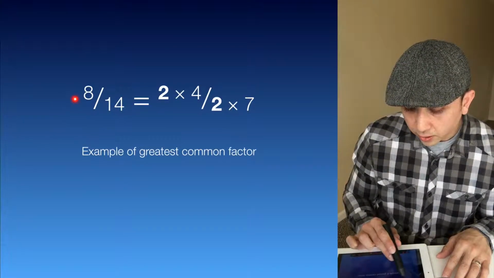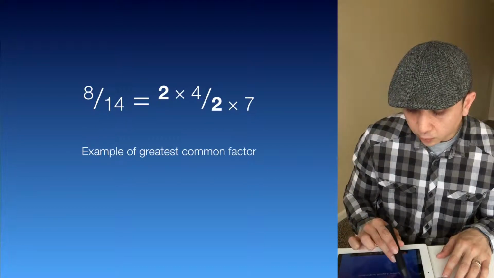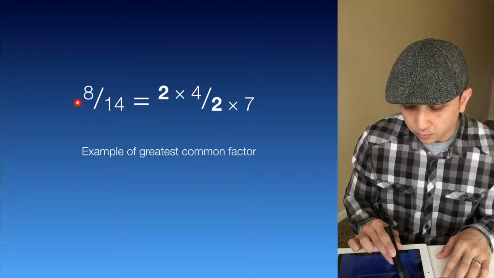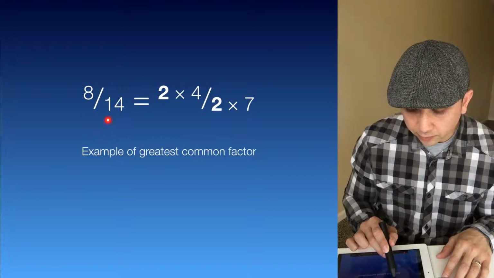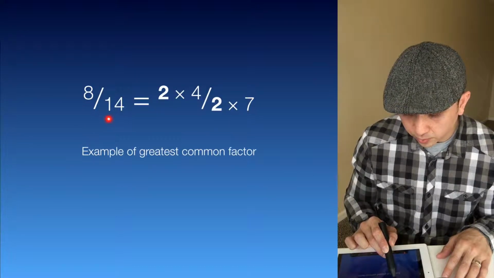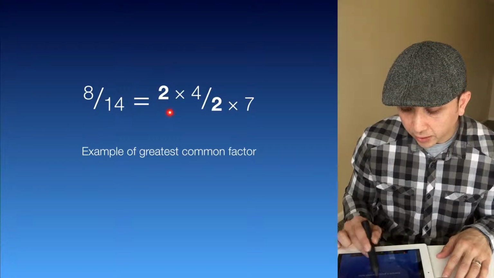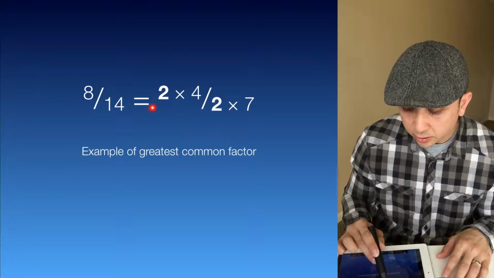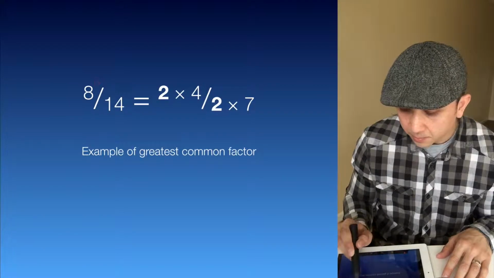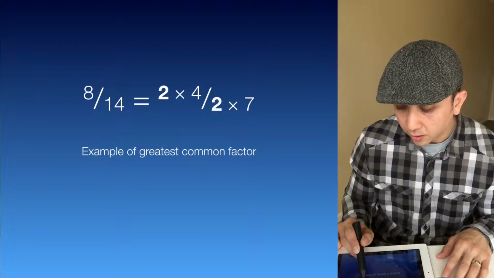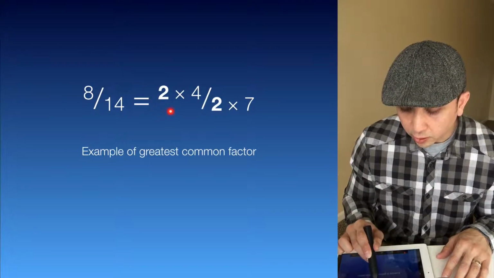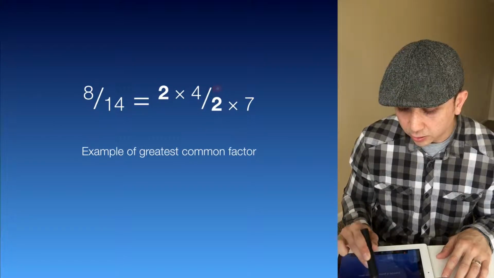Well, right off the bat, we can see that they're multiples of 2. 8 is a multiple of 2 and 14 is a multiple of 2. So that means their greatest common factor is 2, because 2 times 4 we can get 8 and 2 times 7 we can get 14. So the greatest common factor they have is 2.